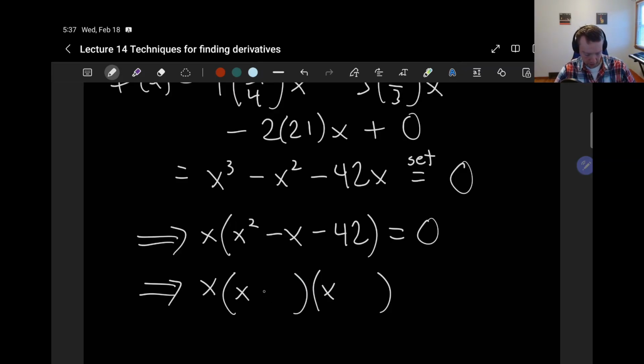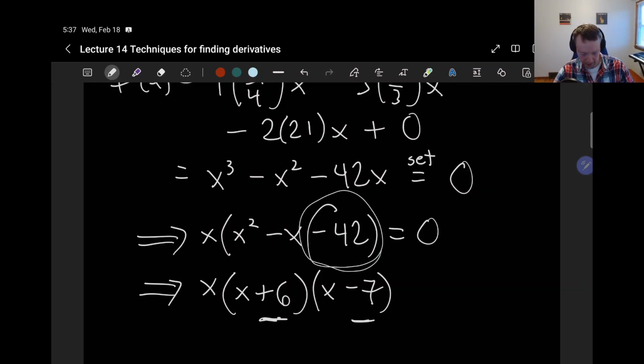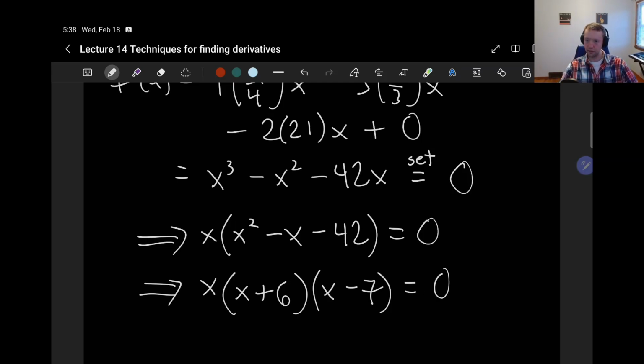So if we have plus 6 and minus 7, these numbers multiply to give us negative 42, and they add together to get us negative x, or the negative 1 coefficient in particular. And now we're basically done.